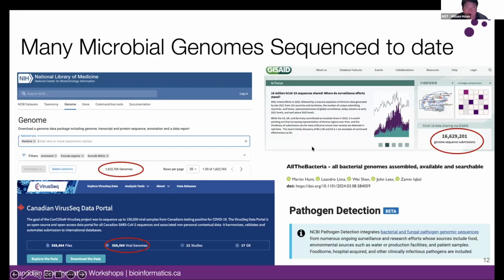There are databases that contain assembled and processed genomes of a huge number of bacteria from this group of researchers here. And there are also viral databases; during COVID, roughly 17 million SARS-CoV-2 genomes were sequenced and deposited in public repositories that you can either access directly or have to apply for access to.